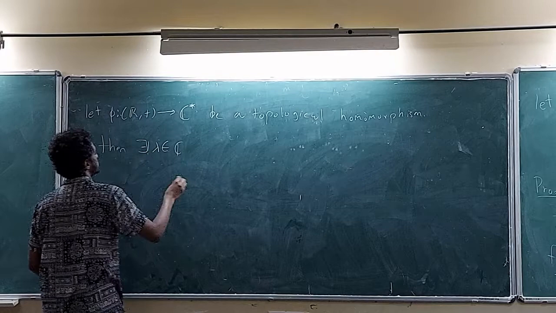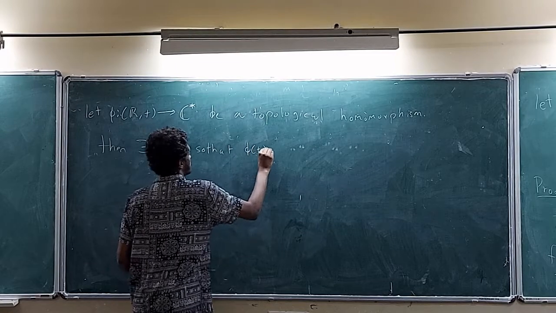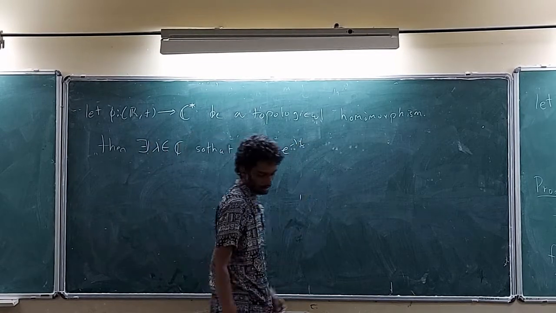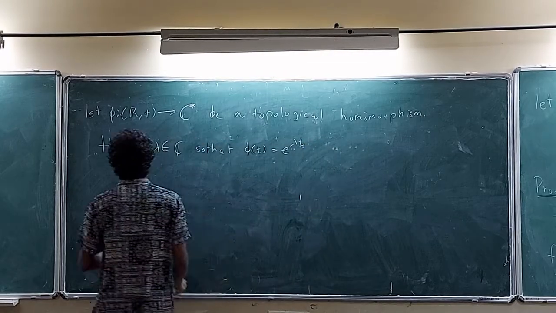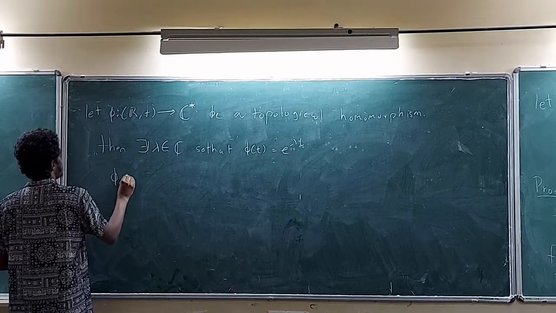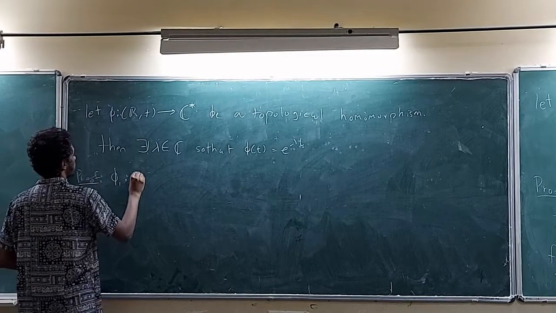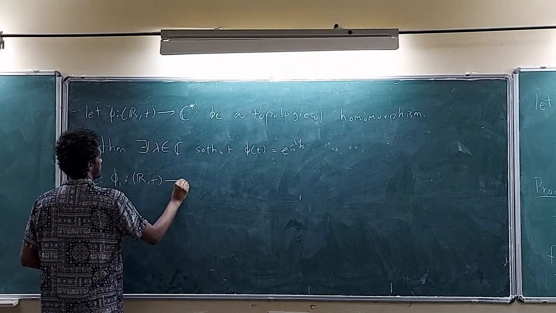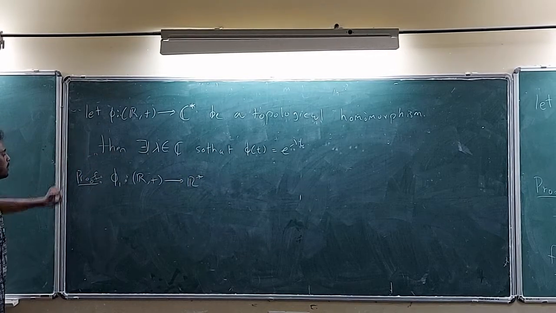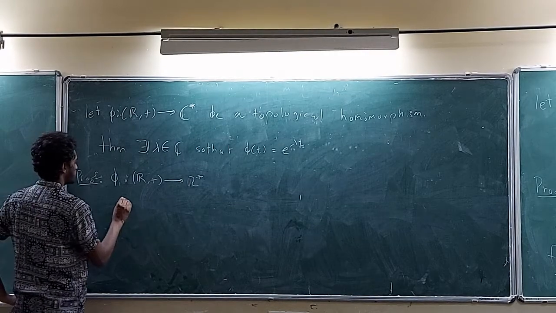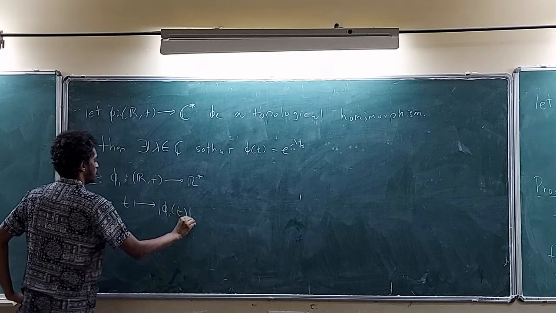So there exists lambda. In fact, this lambda is unique, so that phi of t is equal to e to the power lambda t. Right. So what we do is we take this map phi 1 from R plus to R star, and we try to obtain it using the information given on phi, and that is we take t being sent to mod of phi of t.